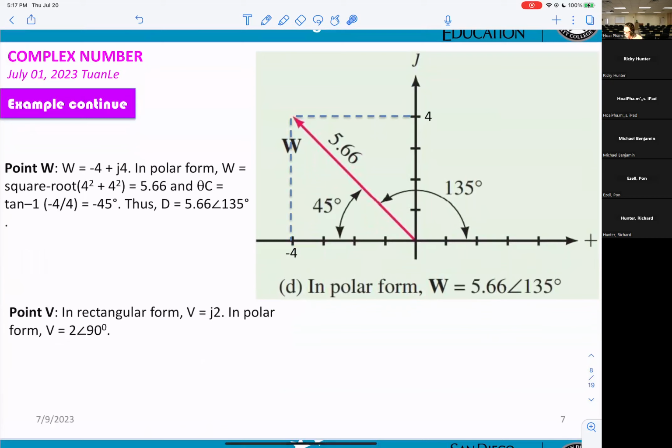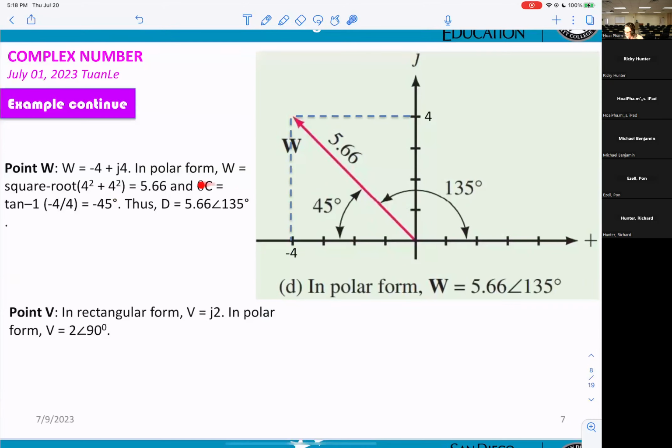And you can calculate the value for W: it equals the square root of 4 squared plus 4 squared. You get 5.66. And the angle will be tan minus 1 of minus 4 divided by 4.